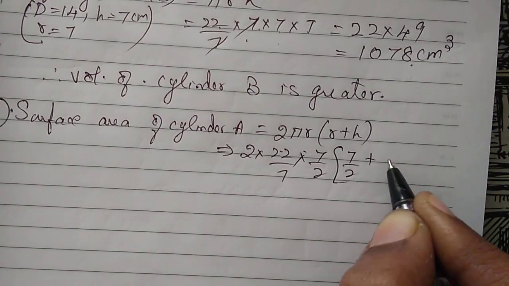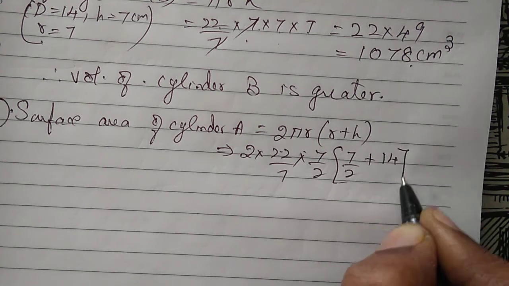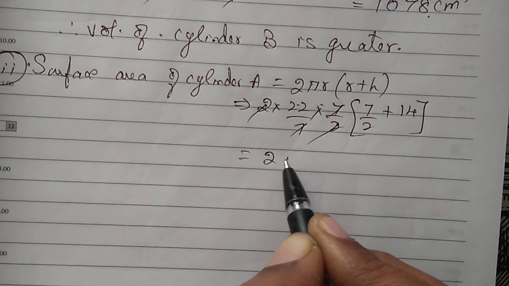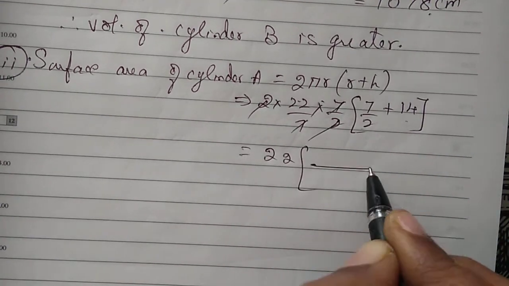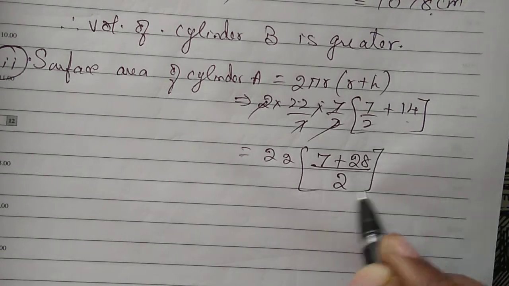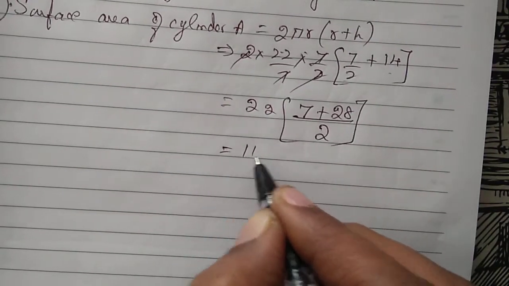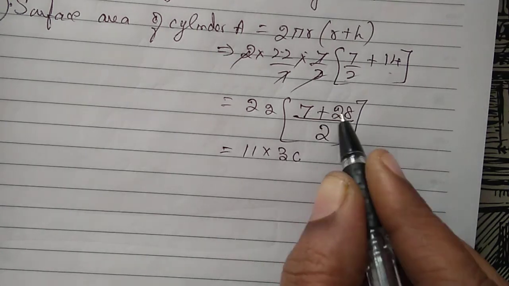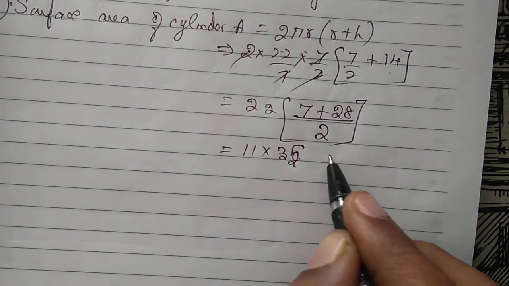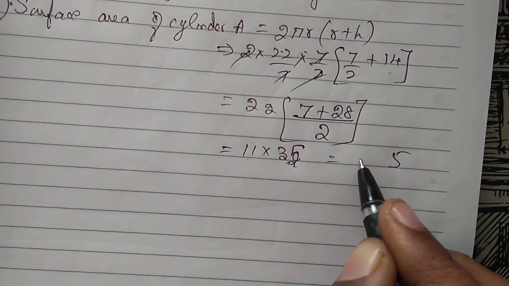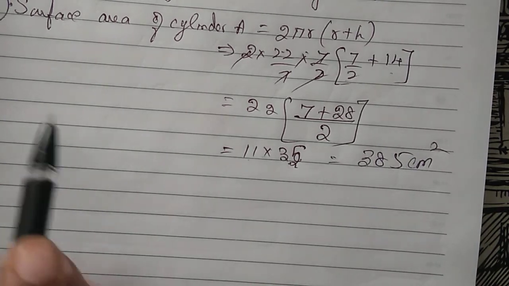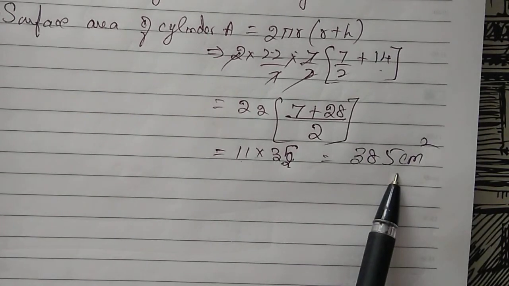Then here 7 by 2 plus 14. So here we cancel. We have 22. And here when we take LCM 2, this will become 7 plus 28. When we simplify, 11 into 35. So 11 5s are 55. 11 3s are 33 plus 5. 385 centimeter square. This is the surface area of cylinder A.